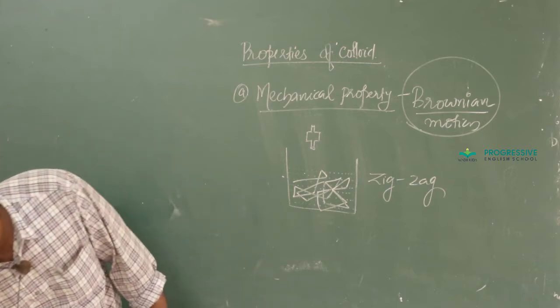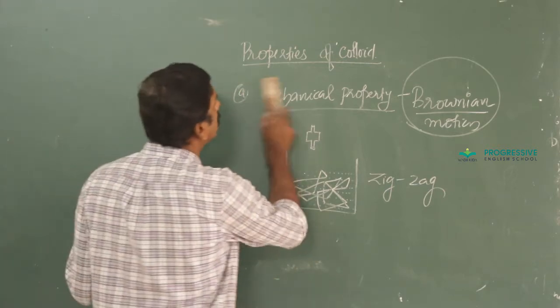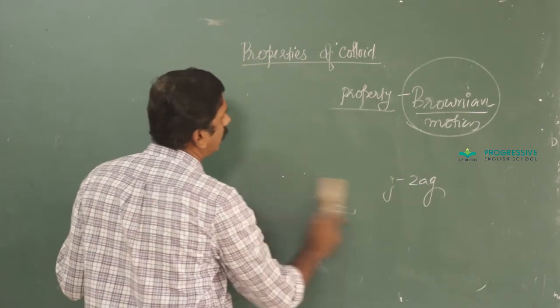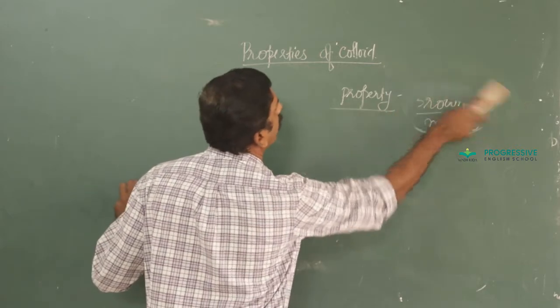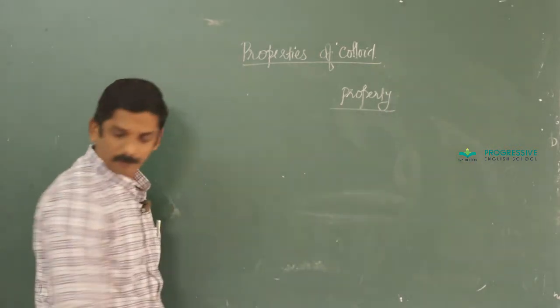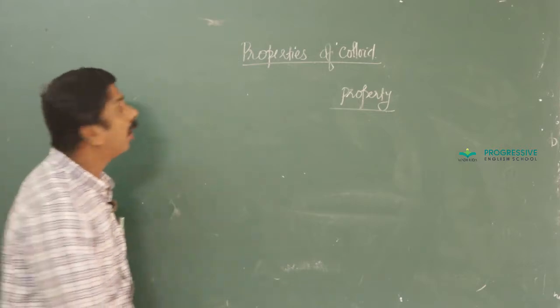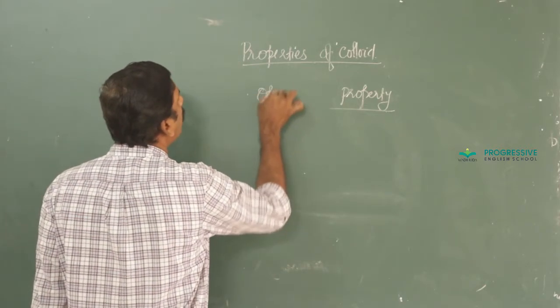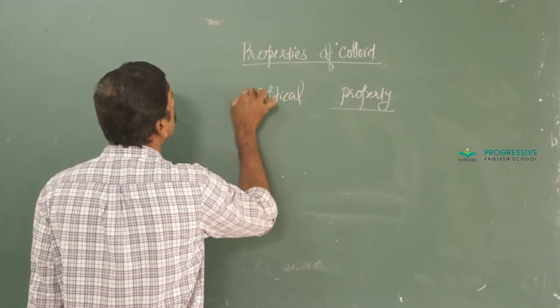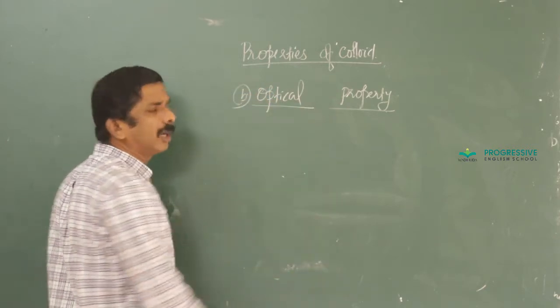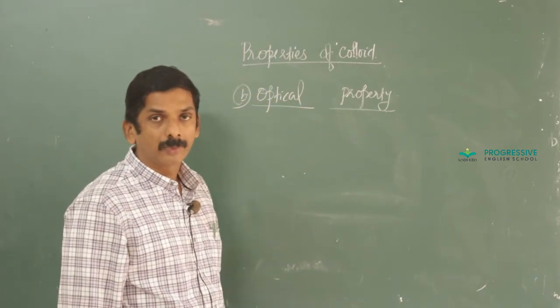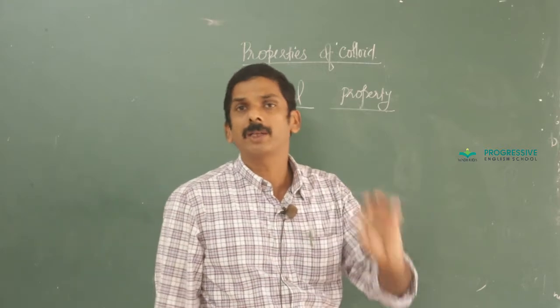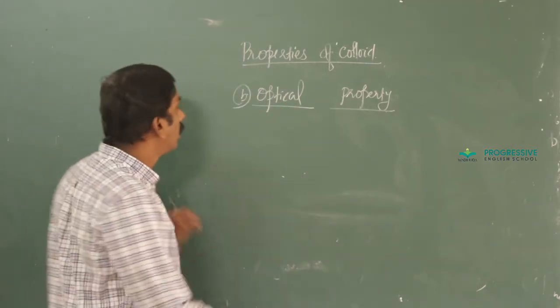And the next property of colloid is optical property. The second property of colloid is optical property, that is optics connected with light. Here first I give a schematic representation of this.